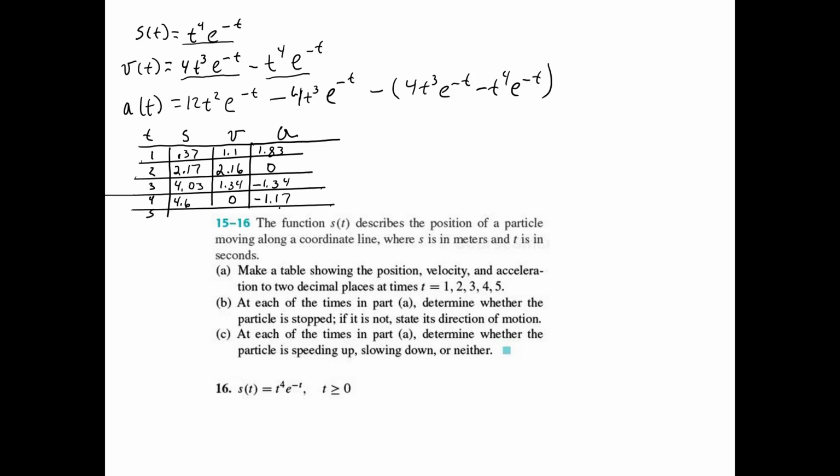And then finally, at 5, we were at 4.69, I'm sorry, I forgot the hundredths place. And now we're at 4.21. And then we have a negative velocity, negative 0.84.